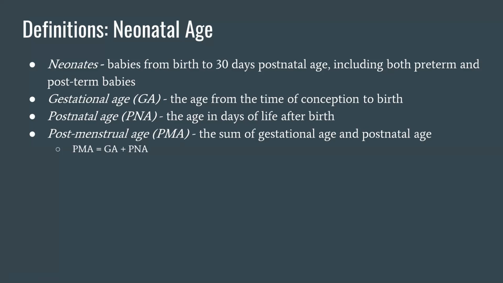Postnatal age is the age in days of life after birth. Postmenstrual age is also called corrected gestational age, or CGA, and that's the sum of the gestational age and the postnatal age together.